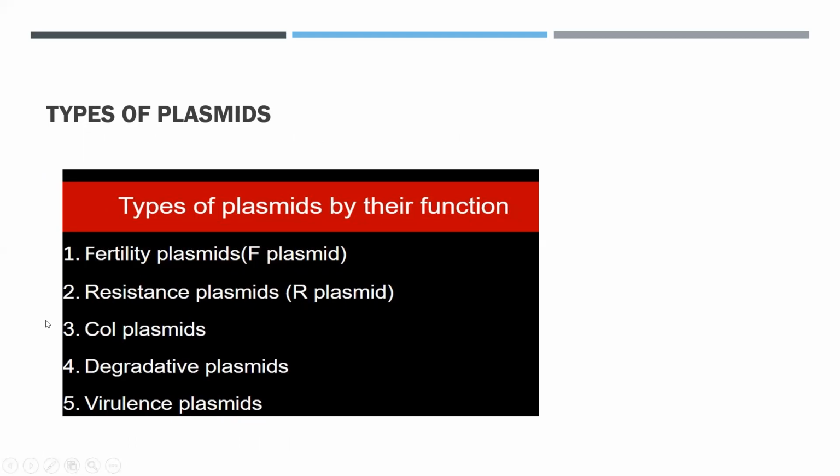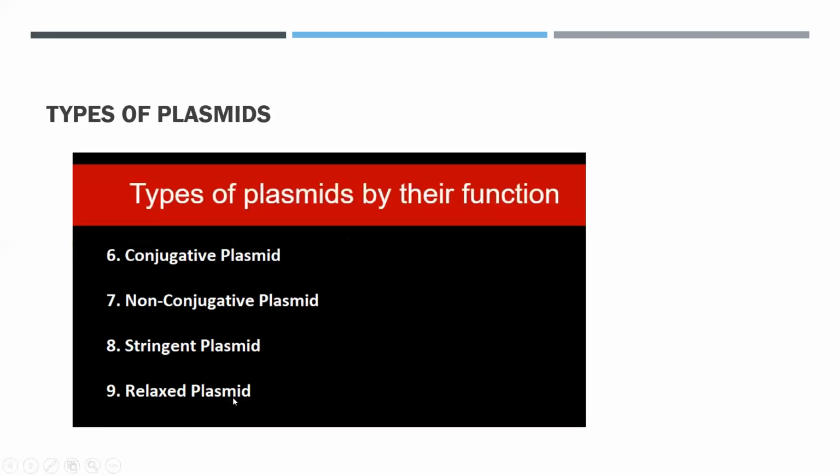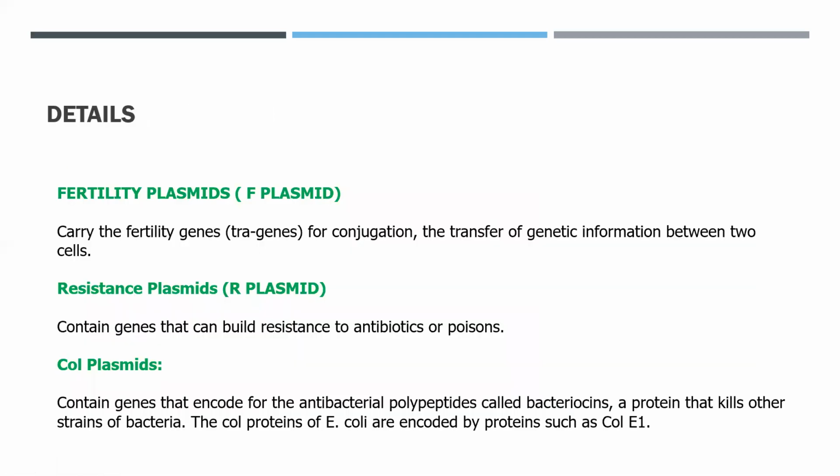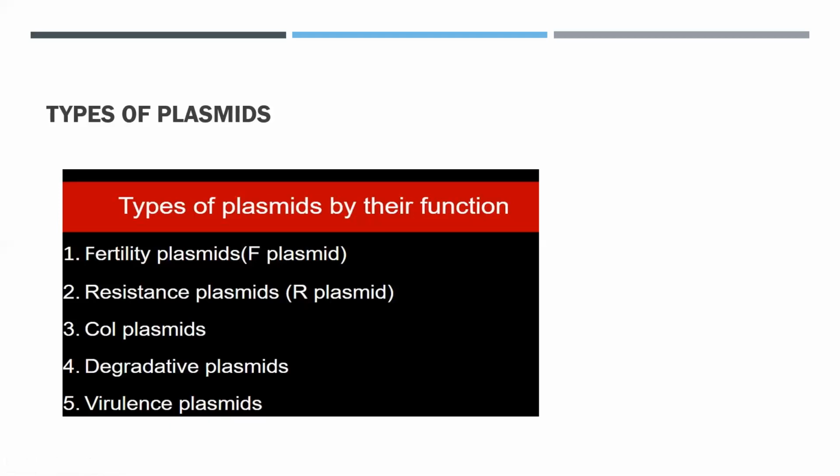Third one is col plasmid, fourth one degradative plasmid, fifth one virulence plasmids. Next, conjugative plasmid, non-conjugative plasmid, stringent plasmid, relaxed plasmid. First one, fertility plasmid, F plasmid.